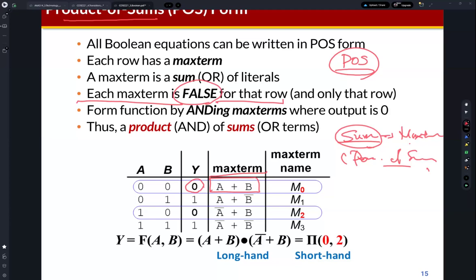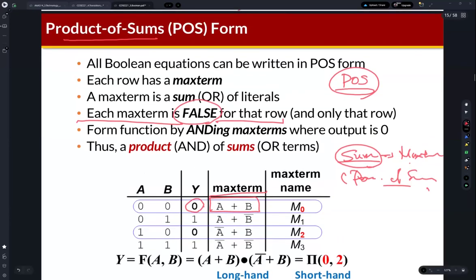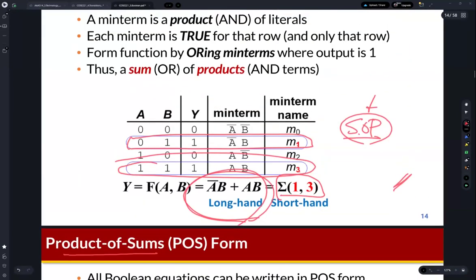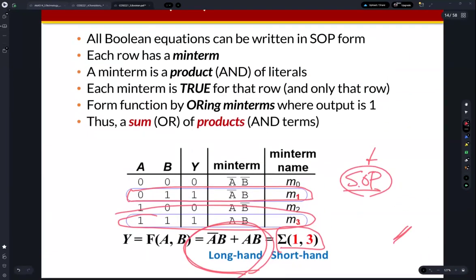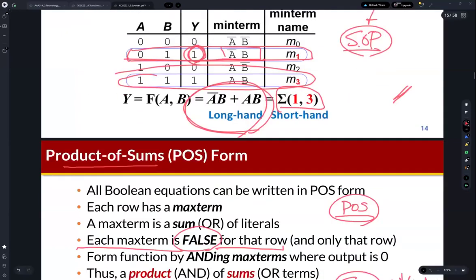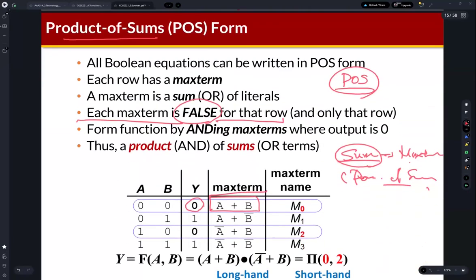So what does that mean? In the SOP form, we just select the row that can make the output value 1 for this min term, right? But for the product of sums, we need to first define the max term that can make the output 0.